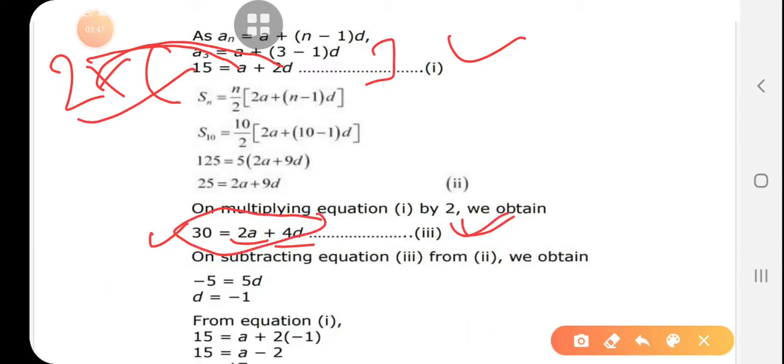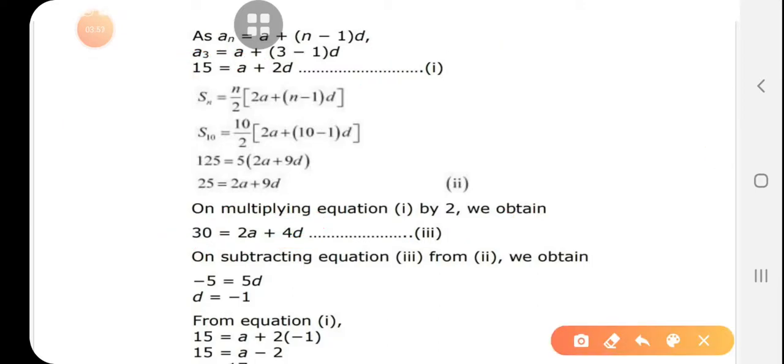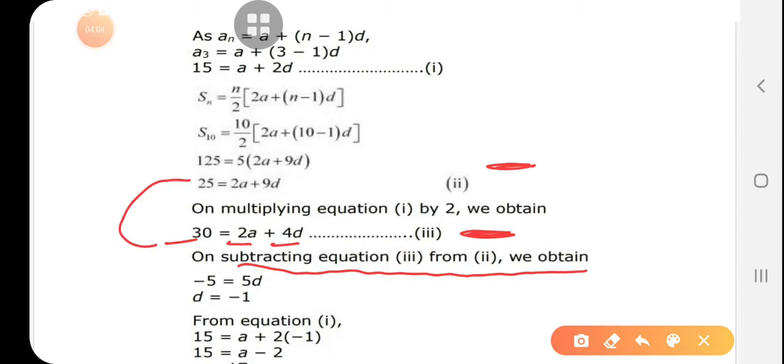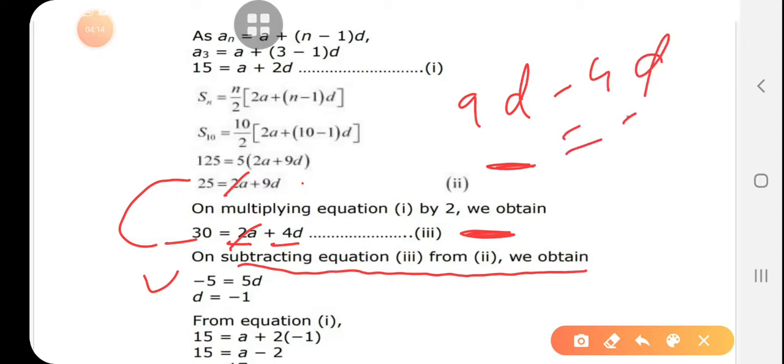Now to eliminate, we subtract equation 3 from equation 2, that means we subtract this equation from this equation. If we subtract, then the signs will be changed. So 25 minus 30 is minus 5, and 2a minus 2a will be cancelled out, and 9d minus 4d, look at here, will be 5d.